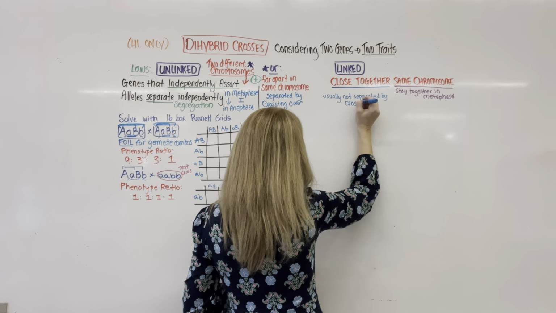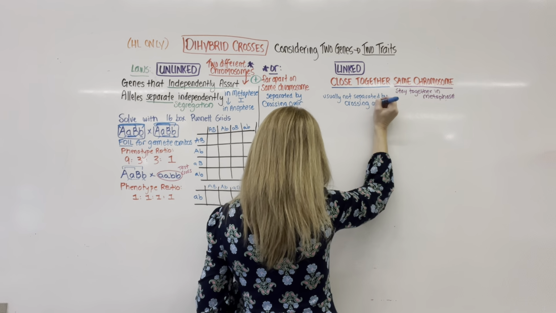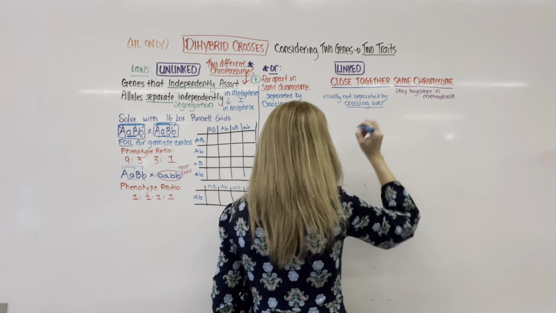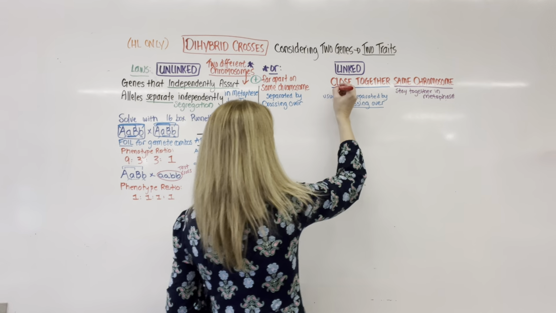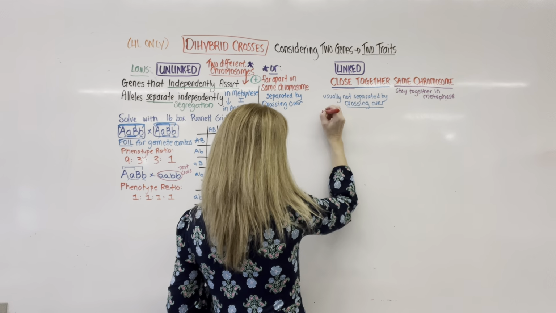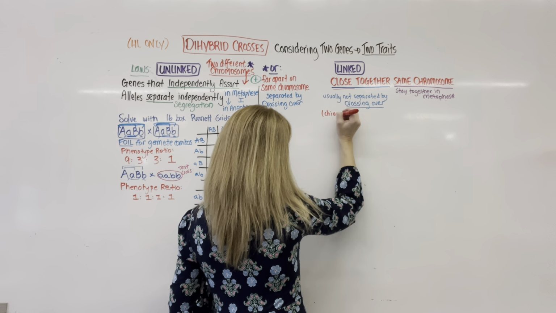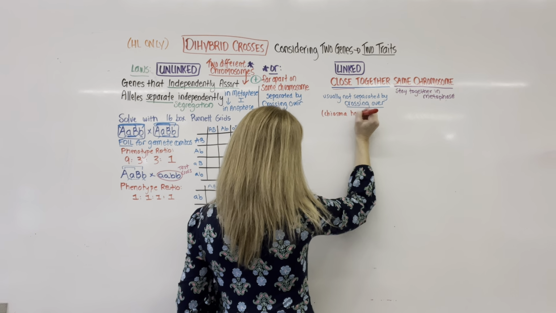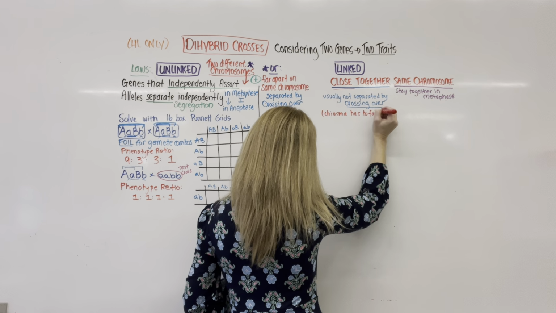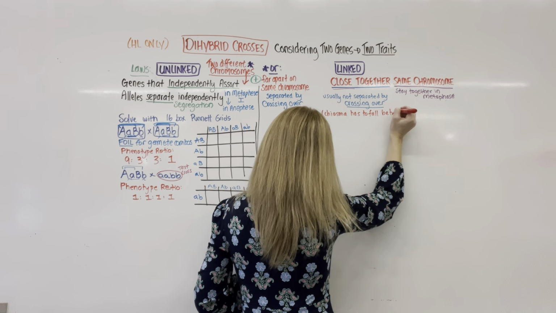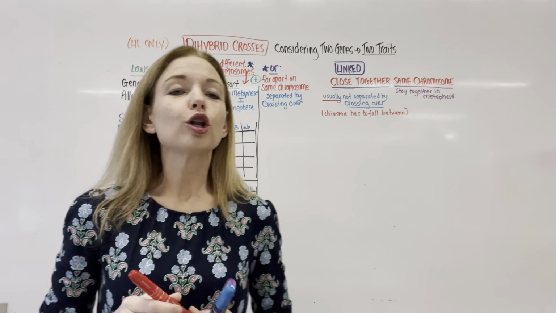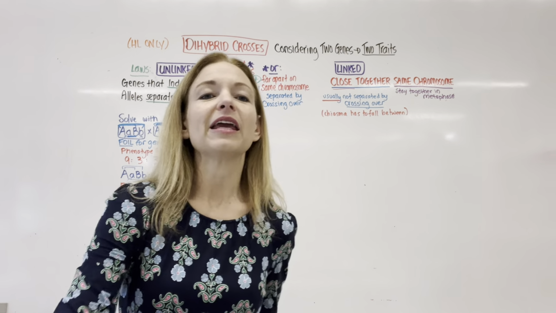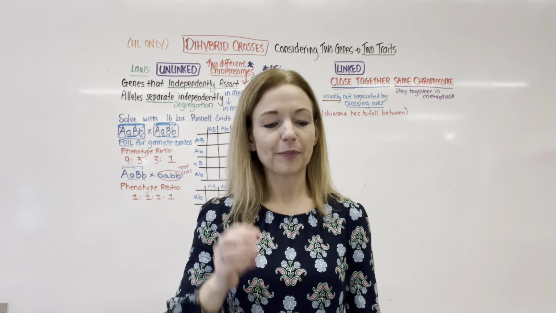And the only instance where they would be is if the chiasma falls between them. And if they are close together, that doesn't happen very often. So it can happen, but not very often. So the closer they are together, the even more likely that is to happen.